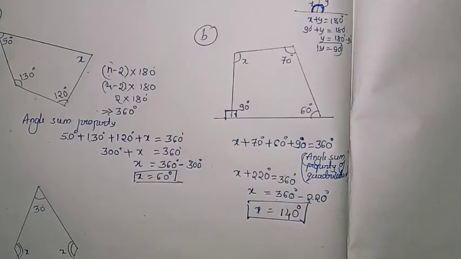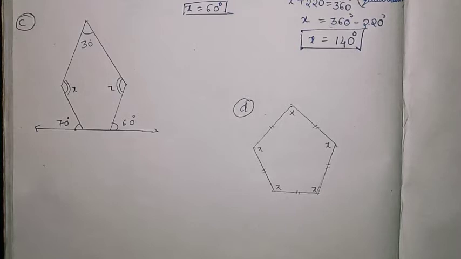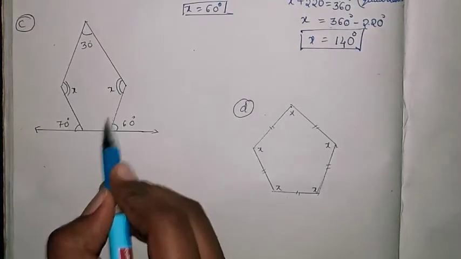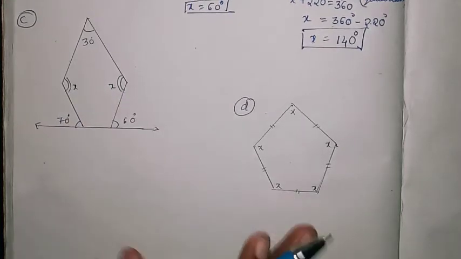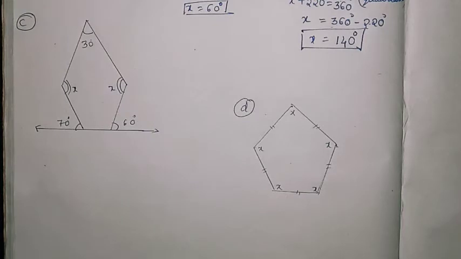Let's move towards the third one. So now observe the third problem. Here they have given a polygon with 1, 2, 3, 4, 5 sides, that is a pentagon. From here you have to find the x value. To find the x value, we want the interior angles, the angles inside this.